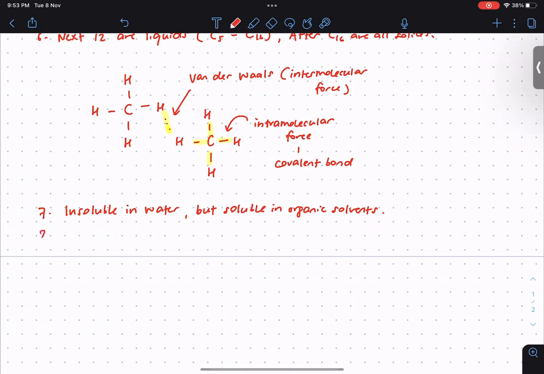Okay, cannot conduct electricity. And if you want more, less dense than water. So those are the general properties of alkanes they need to remember.